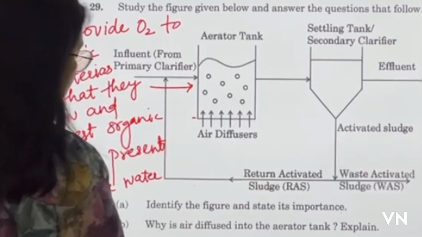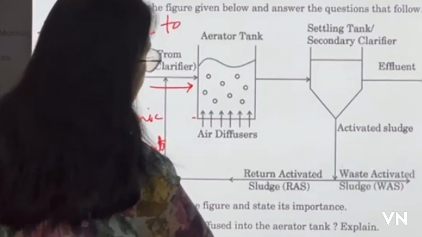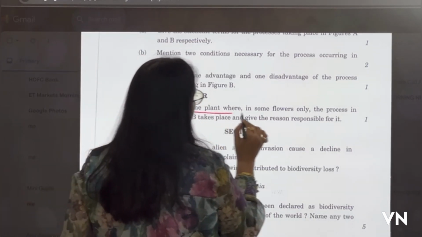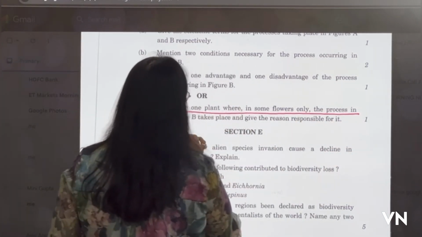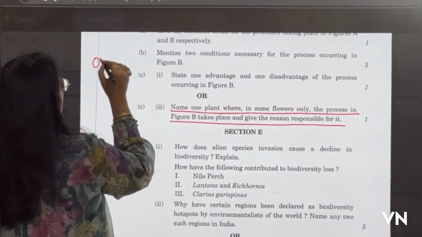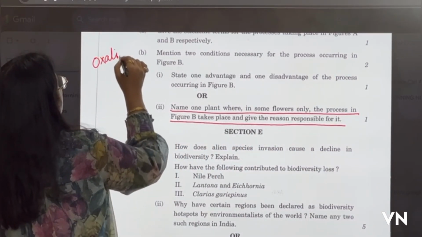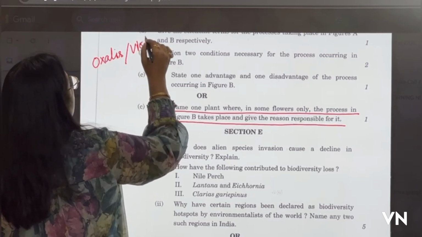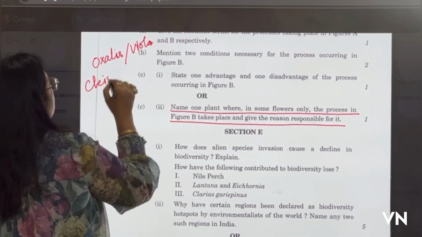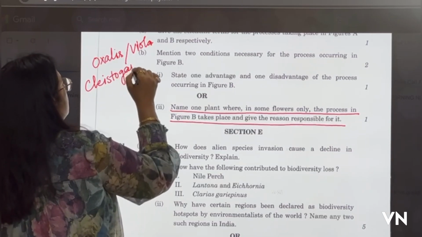Next is, name one plant wherein some flowers only undergo the process in figure B, and give the reason responsible for it. Examples: oxalis can be given, or viola. And the reason: presence of cleistogamous flowers.